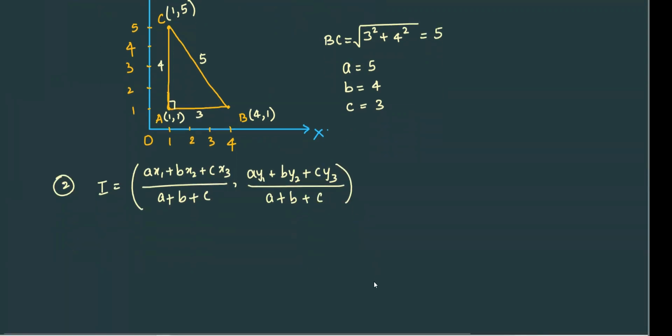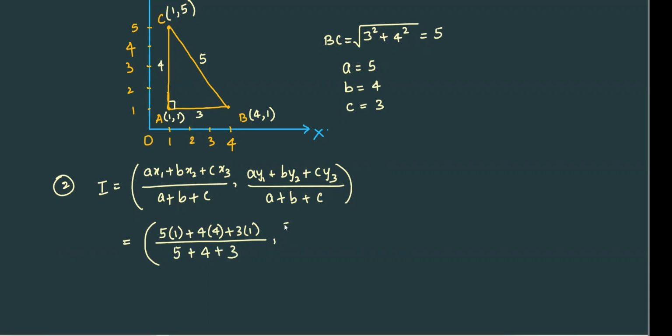The first formula we write clearly, because after that we'll use the second formula from the first. So a is 5 times x1, which is 1, plus b, small b is 4, times x2 which is 4, plus c x3, 3 times 1, by a plus b plus c.